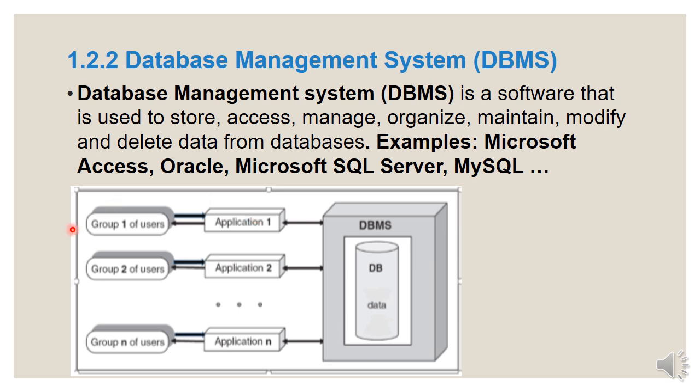So this is a group of users using application 1 to access data stored by using a database management system, and here is the other group. So we have n groups of users who are accessing the files stored in the same location.